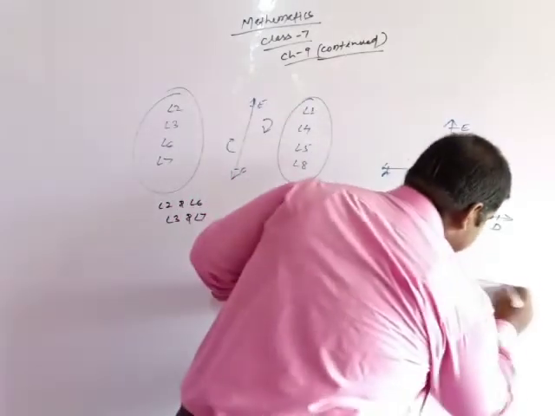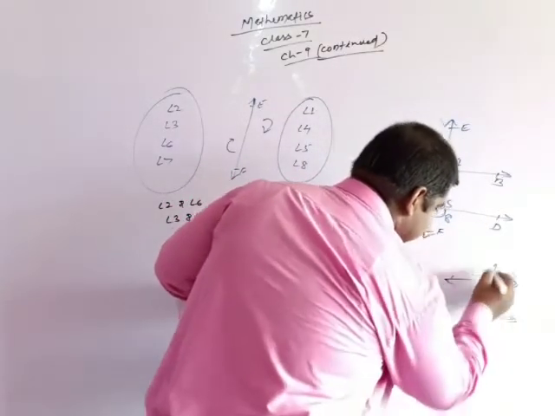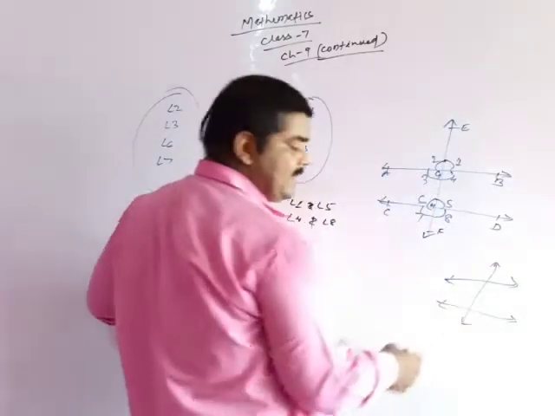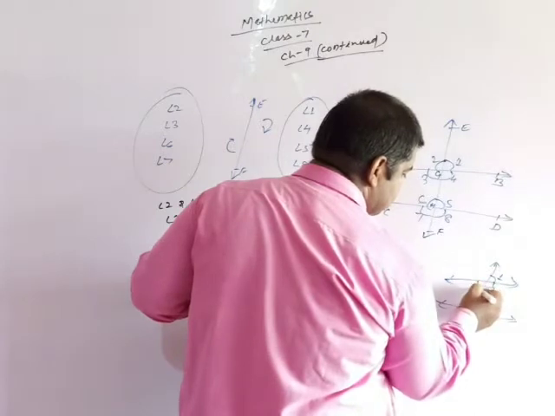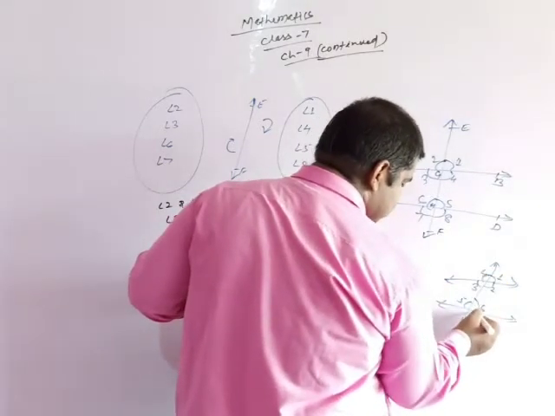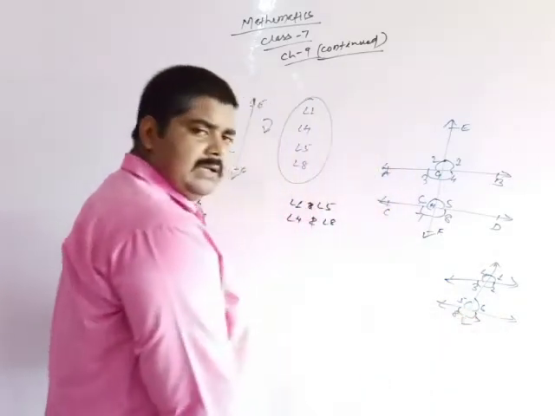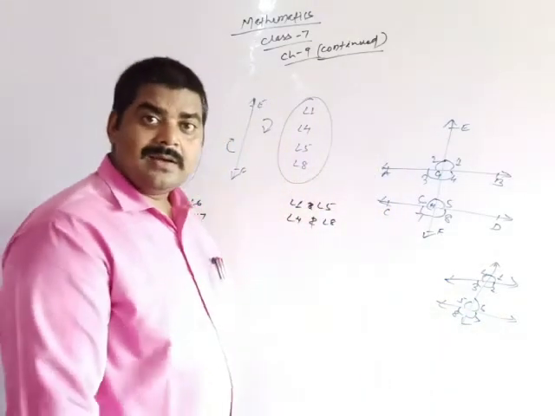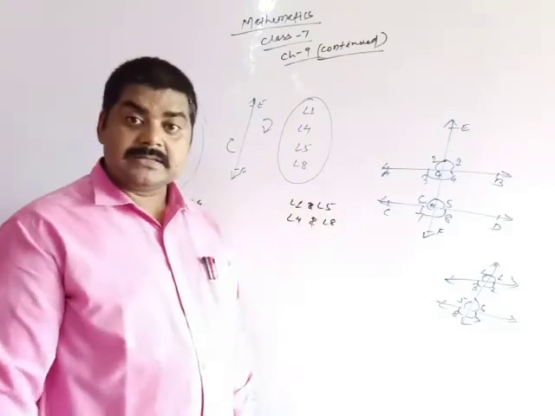For example, when two lines are intersected and some student names the angles in this way: 1, 2, 3, 4, 5, 6, 7 and 8. My dear, here you can't apply 1 and 5. Now it is wrong.